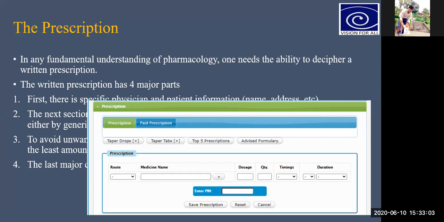And the second one is the medicine name, any kind of medicine that is given, and dosage, meaning how many times the patient should use it, and quantity, how many eye drops or tablets there should be, and timing.